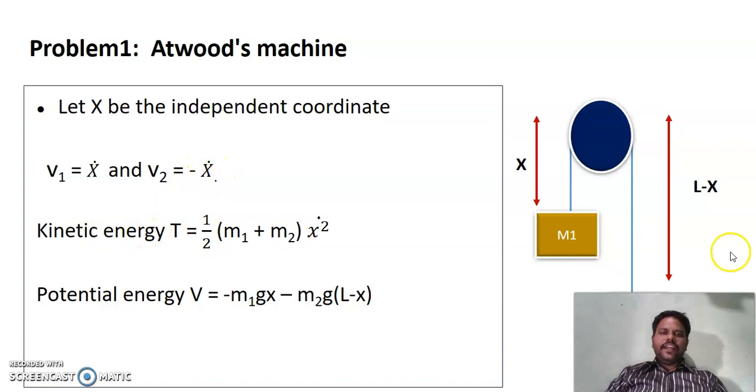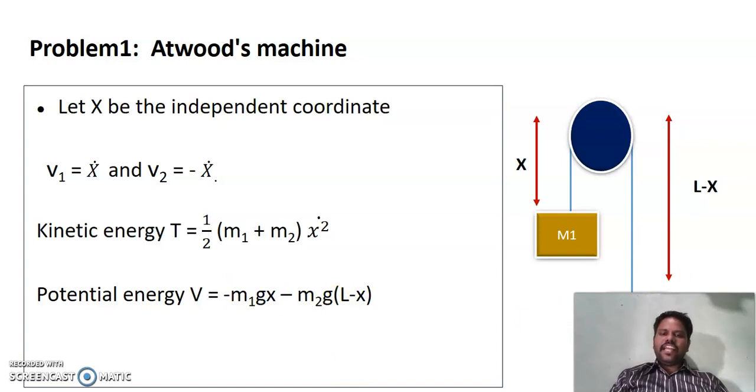Then the total kinetic energy of the system is given by T is equal to half into m1 plus m2 into ẋ square. Then the potential energy V with respect to the pulley is given by V is equal to minus m1gx minus m2g into L minus x.